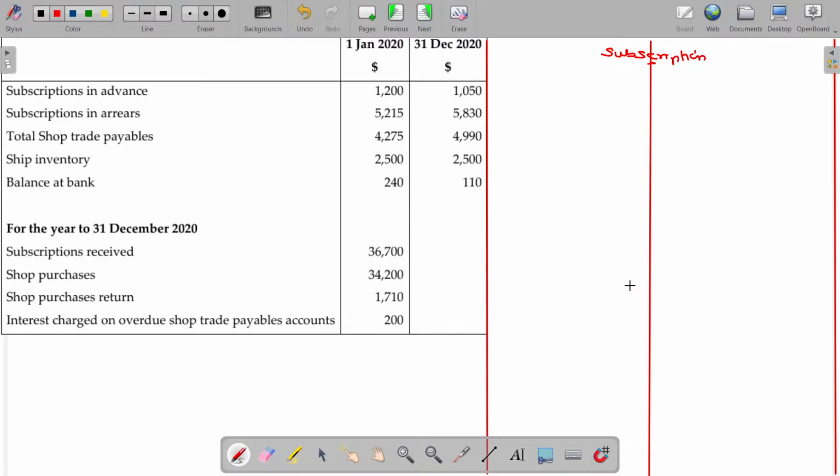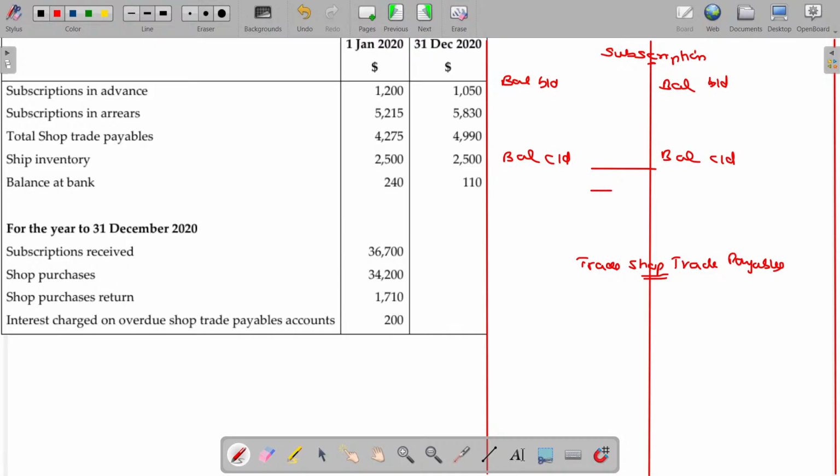And trade payables account. In case of subscription, balance brought down, balance carried on.